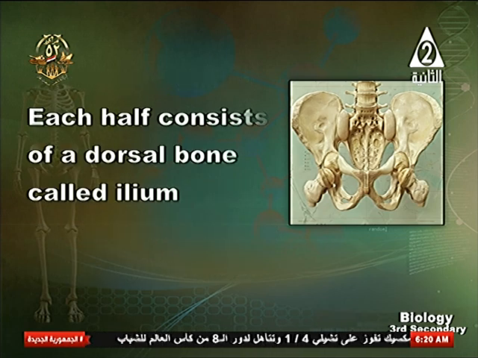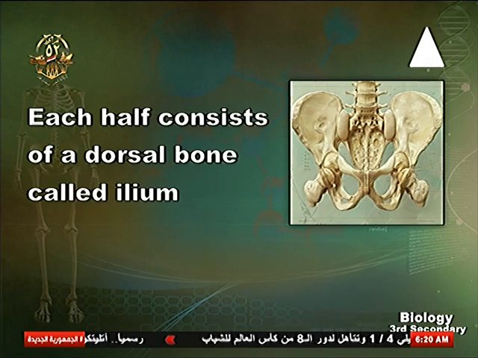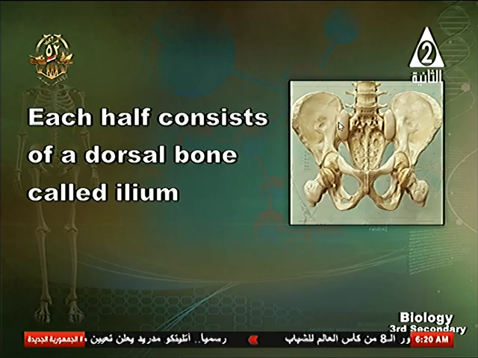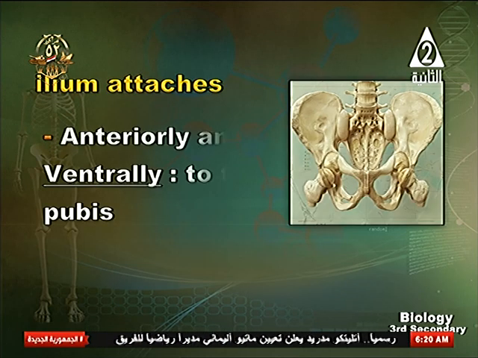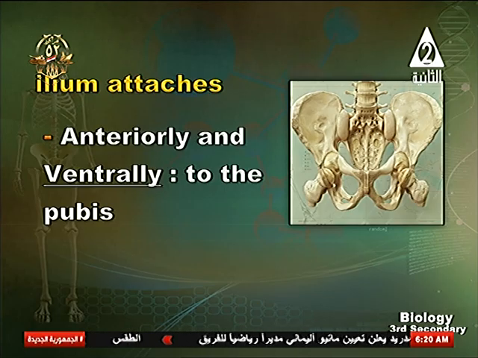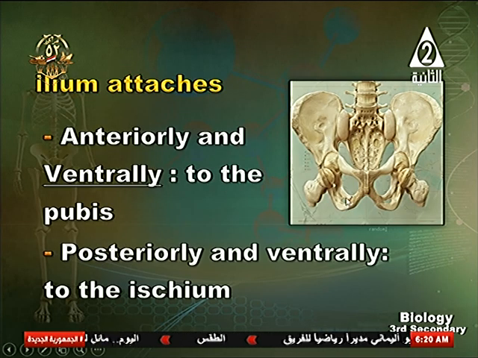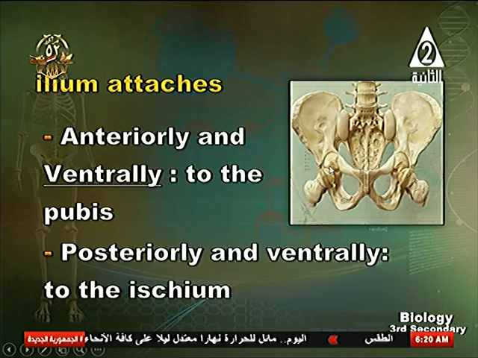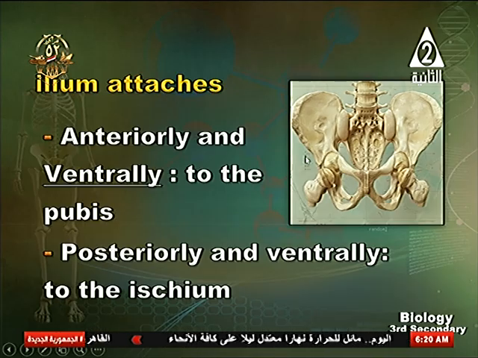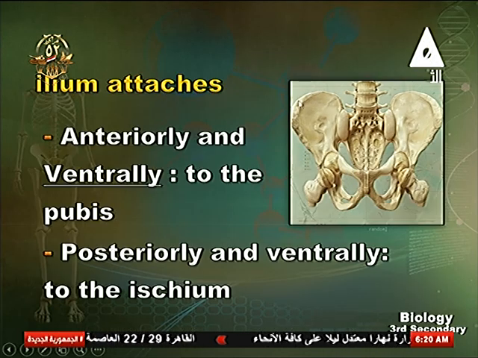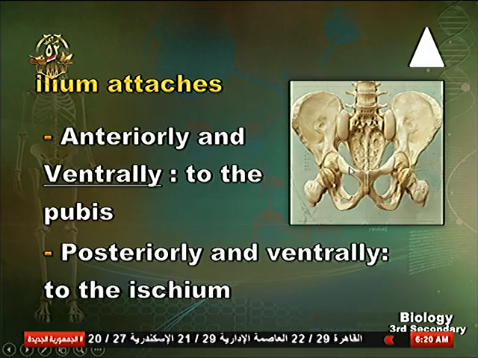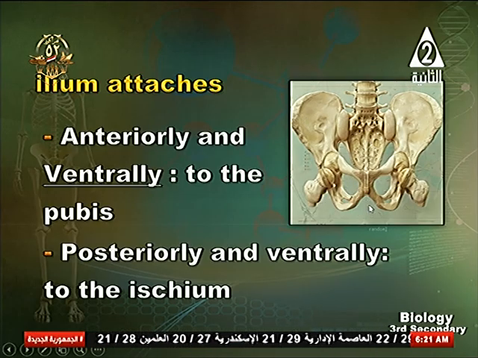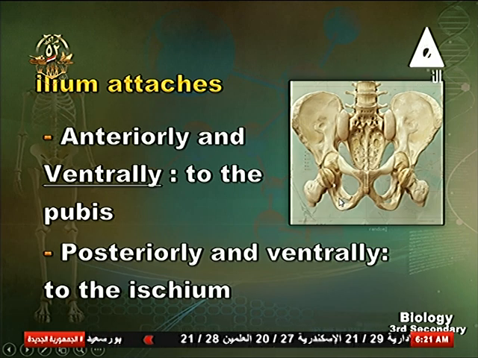Each half consists of a dorsal bone called the ilium. The ilium attaches anteriorly and ventrally to the pubis, here is the pubis, and posteriorly and ventrally to the ischium. This is the pubis and this is the ischium. This is the ilium attached ventrally and anteriorly to the pubis, and attached posteriorly and ventrally to the ischium.